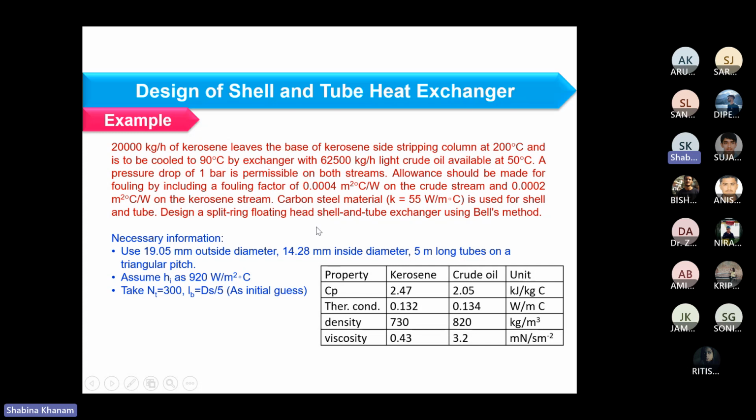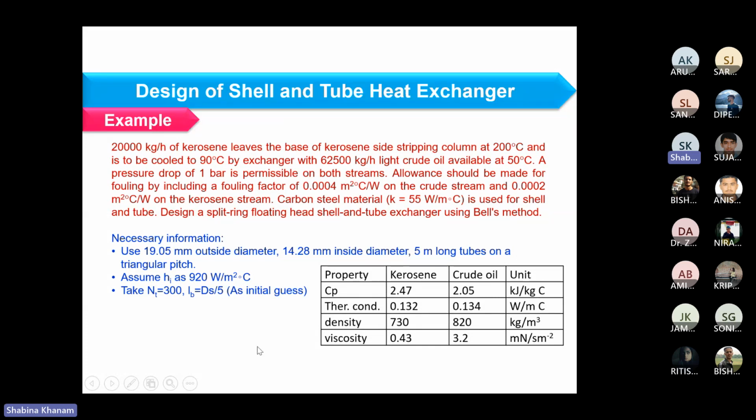Further, carbon steel material is given for shell side and tube, and we need to consider split ring floating head specifically for this heat exchanger, and design we used to do with Bell's method.